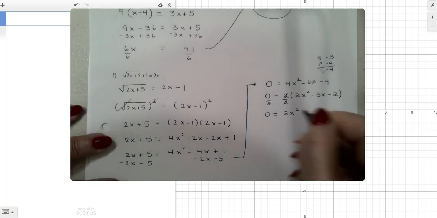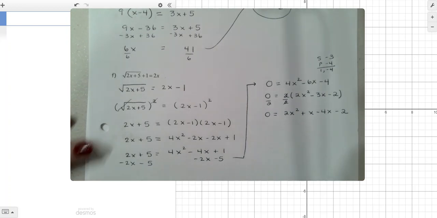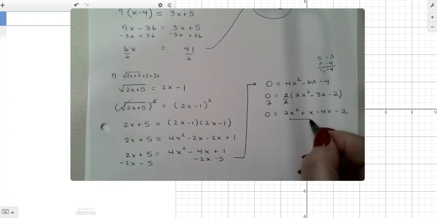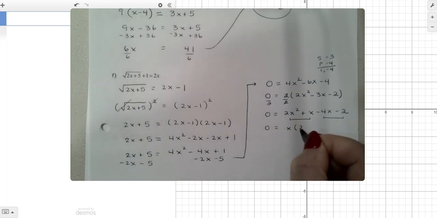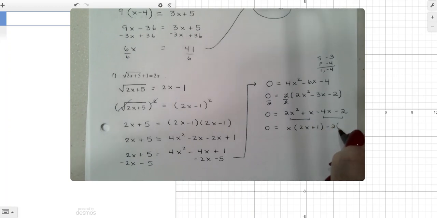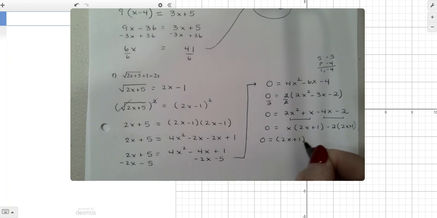So I have 2x squared plus 1x minus 4x minus 2. Which is x times 2x plus 1 minus 2 times 2x plus 1. And so that factors as 2x plus 1 times x minus 2.